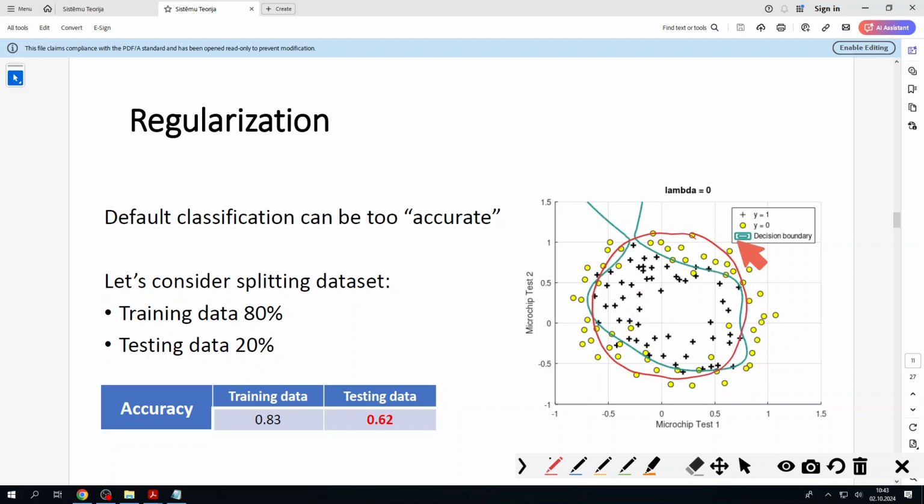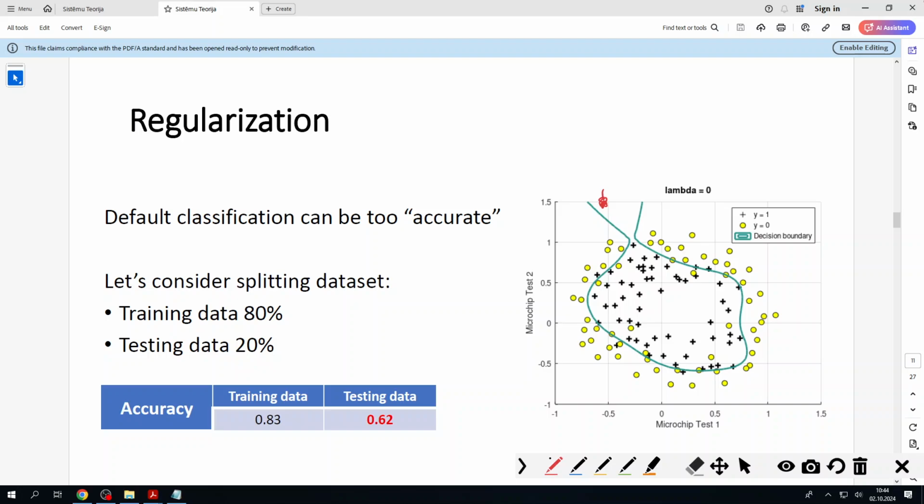However, our algorithm did overfitting and tried to find all the possible ways around, and even made this kind of shape here, which means in this particular case, if you happen to see some very anomalous microchip having this result, then your model will say that this is a good chip. It passed both tests. However, in reality, it's an incorrect score.